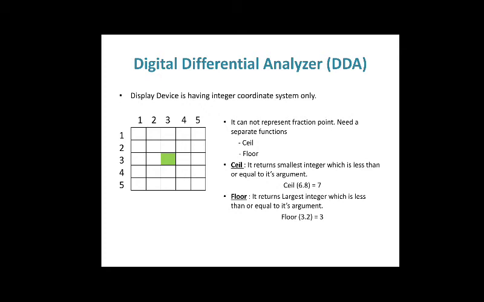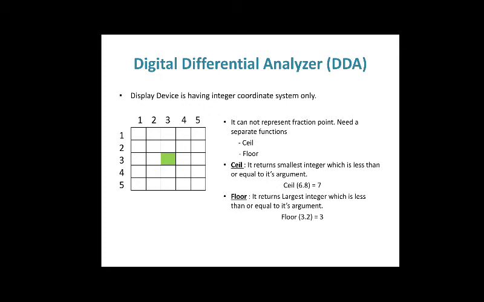If after calculating the new coordinate of x or y we get a floating point value, for example 6.8, it rounds that value to its nearest value, 7 or 6. The smallest nearest is 7, so it takes 7 as the value, okay.